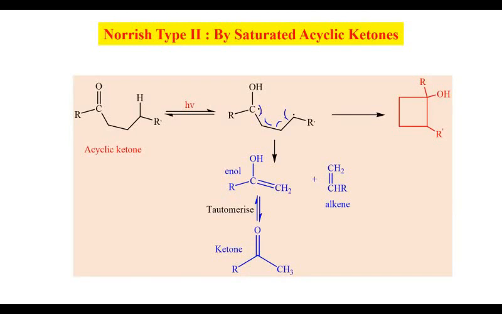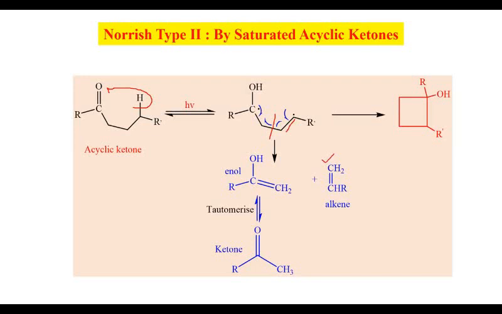At first, this hydrogen is shifted here and it becomes a hydroxyl group, and then one electron is here and the other is here. Then this bond is broken down and enol is formed, which is tautomerized to a keto form, and the second portion becomes an alkene.